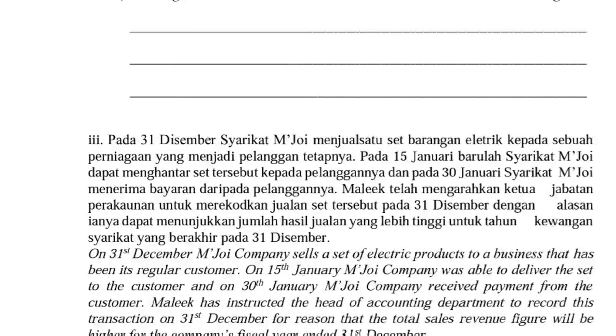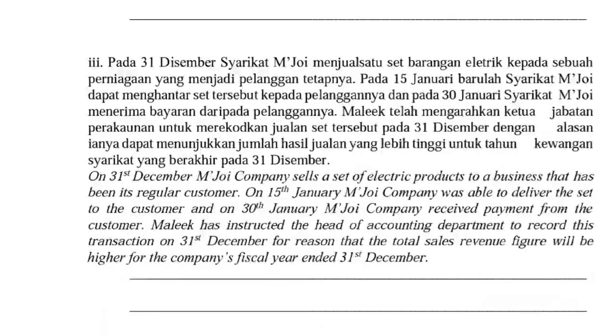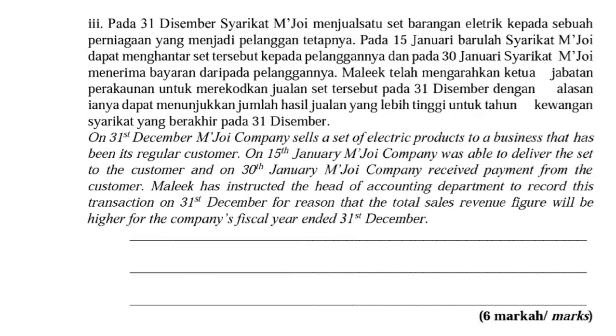Okay, let's see scenario number 3. This is the last one, I think. On 31st of December, Joy sells a set of electrical products to a business that has been its regular customer. On the 15th of January, the company was able to deliver the set to the customer, and on the 30th of January, the company received payment from the customer.